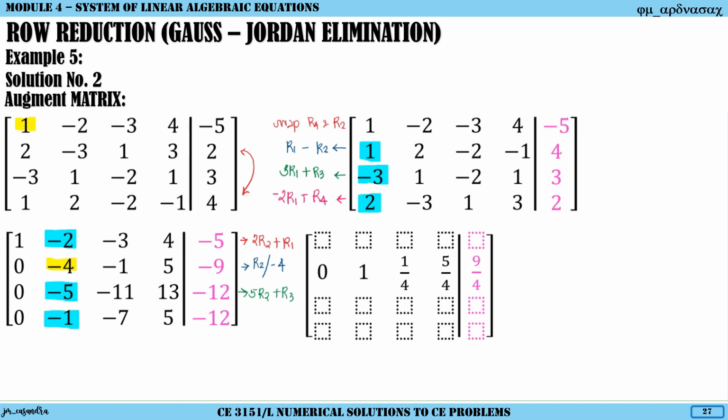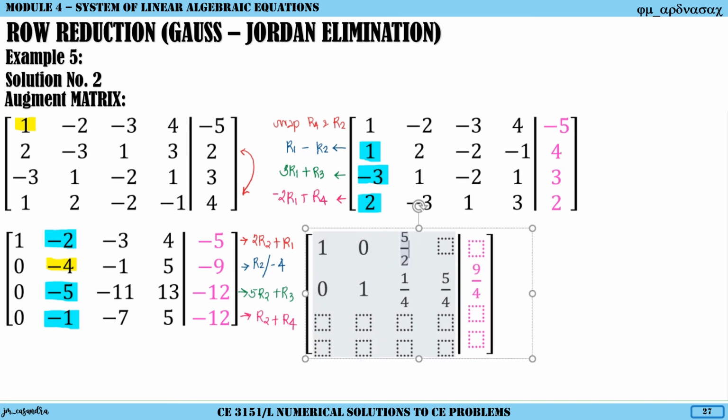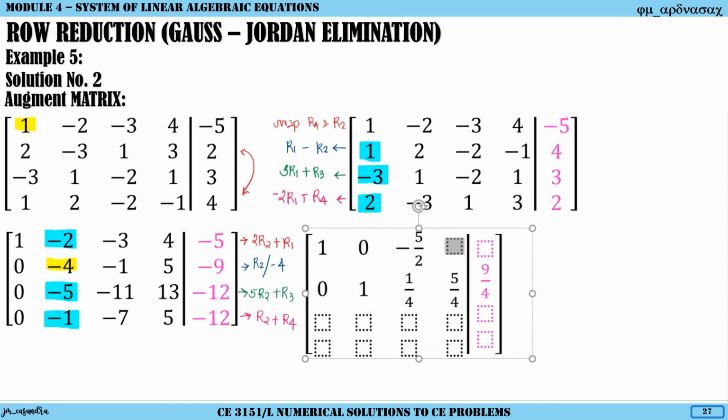And for the fourth row, that will be equivalent to R2 plus R4. So in this case, we'll now have the following values for our matrix. For the first row, we have 1, 0, 5 over 2, and that is negative 3 halves and negative 1 half.